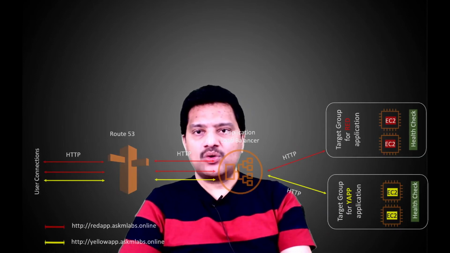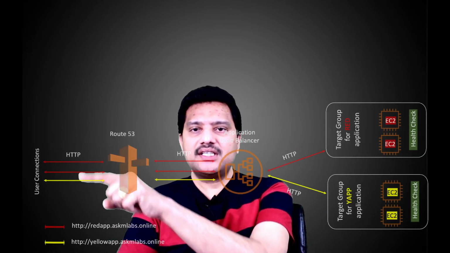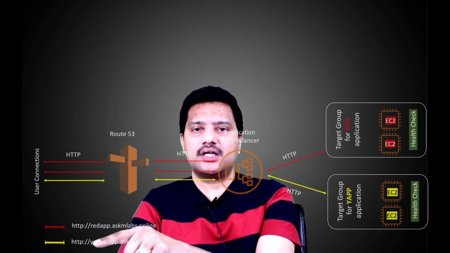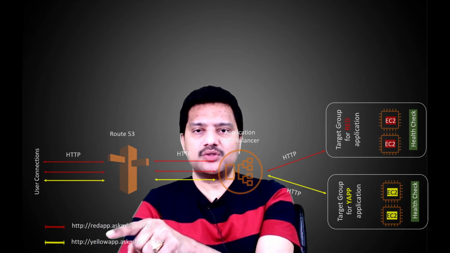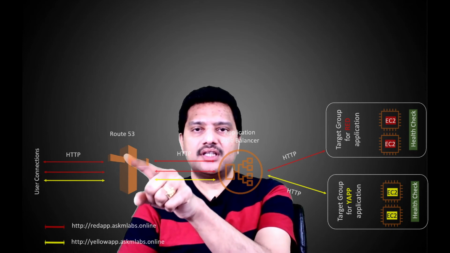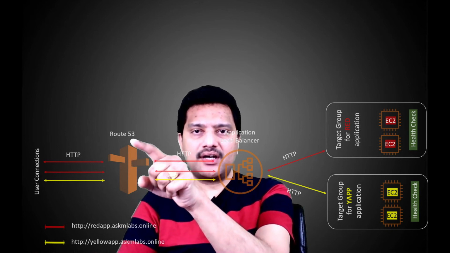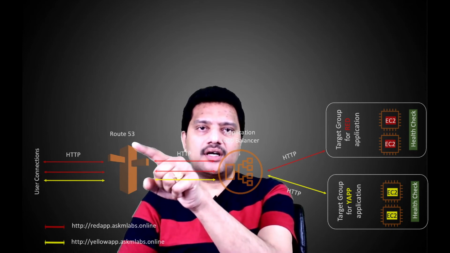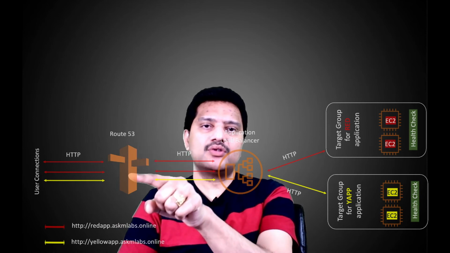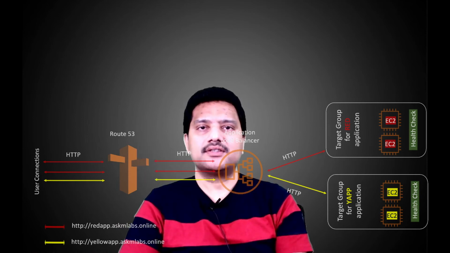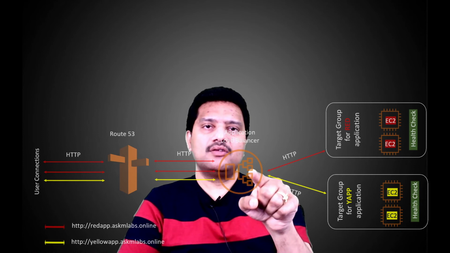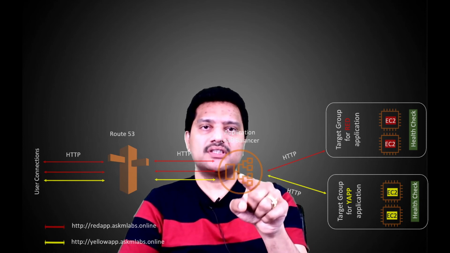So the end user is trying to access red app and yellow app using the host based URL. In Route 53, we defined two records here, and these two records are forwarding those requests to the load balancer. At the load balancer, we have a default app which is the red app.